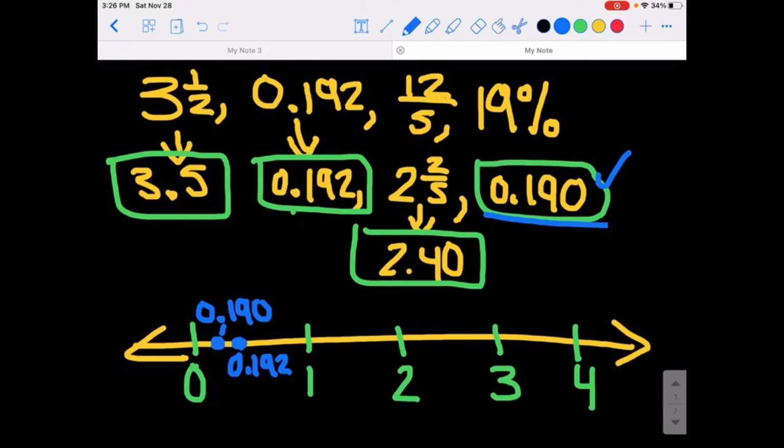Then we have no 1s or anything, but we do have 2.40, which is kind of in the middle over here. And then we have the last one, which is 3.5. This one's pretty easy to plot. So that's the one.